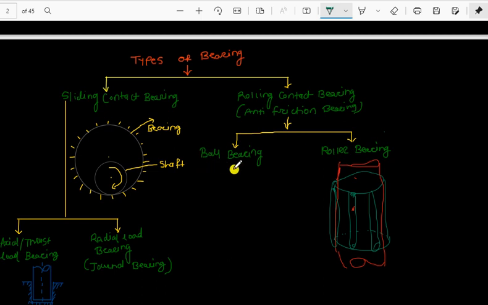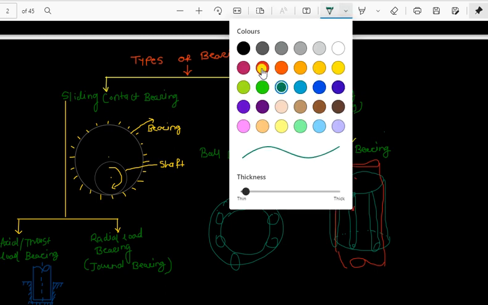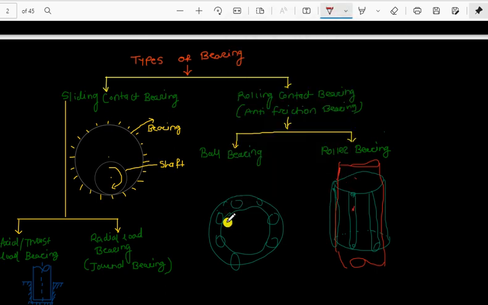Whereas in a ball bearing, which is very commonly observed in bicycles, let us say this is a cage and some small pieces or balls of steel or any desired material will be present, and inside the cage there will be a shaft.